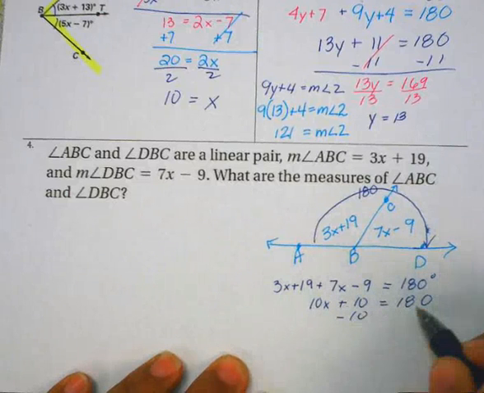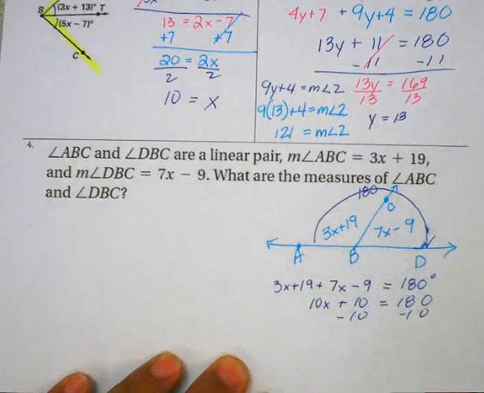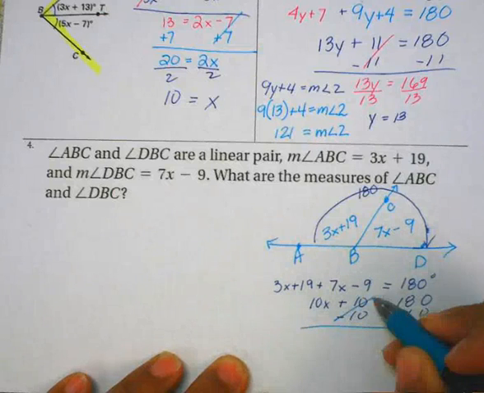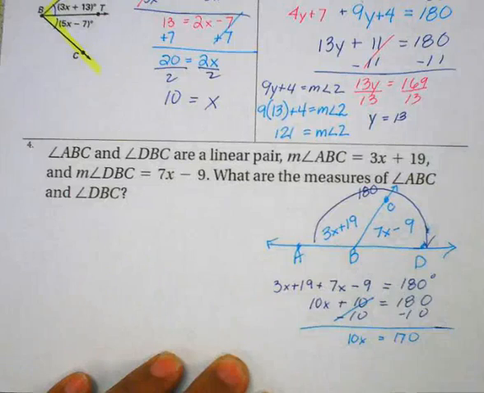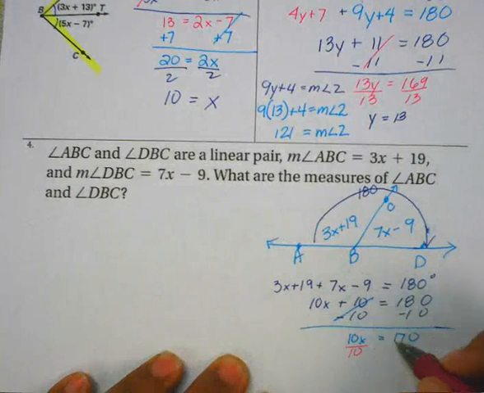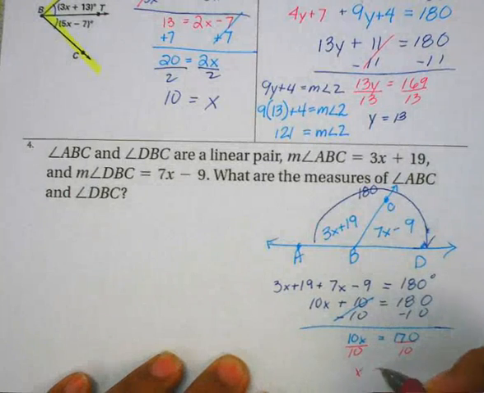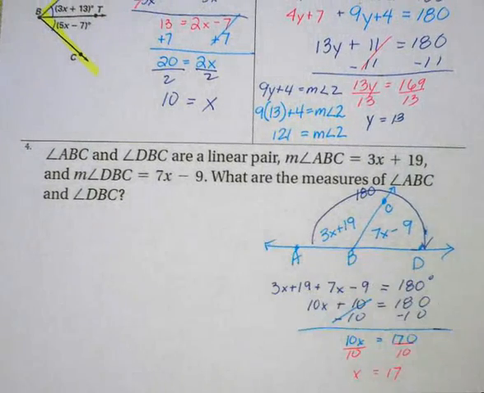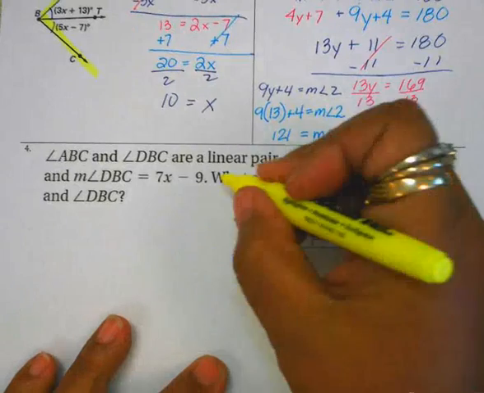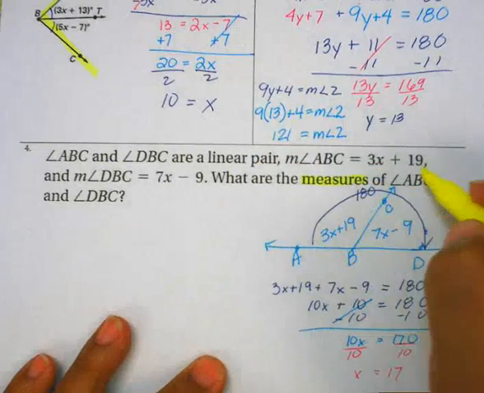Subtract 10 from each side. 10x equals 170, and we're going to divide both sides by 10. So x equals 17.